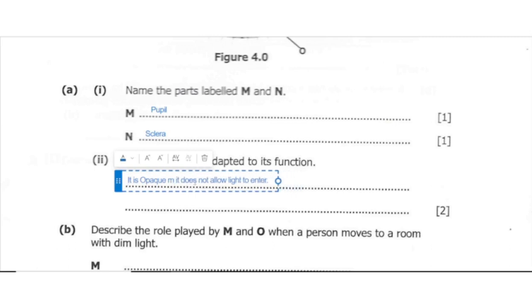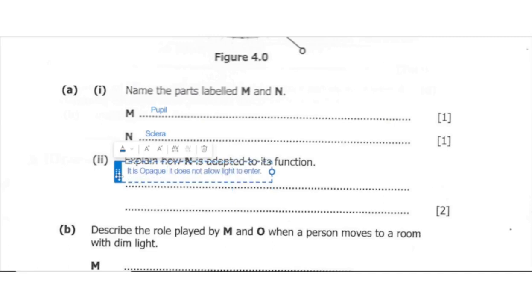Those were the answers. You can write it is opaque and it does not allow light to pass through.